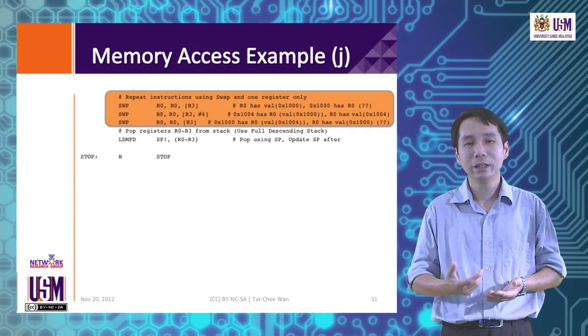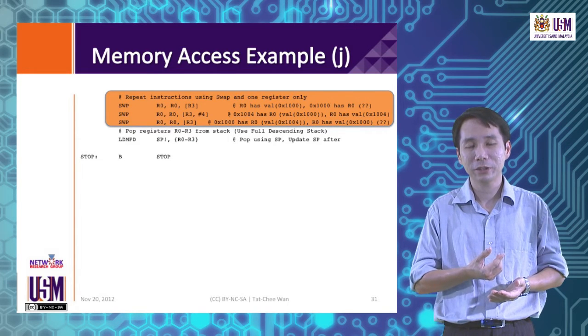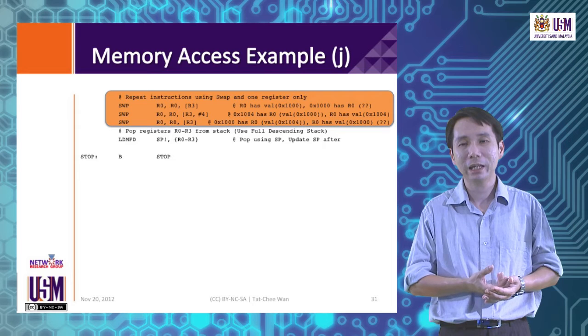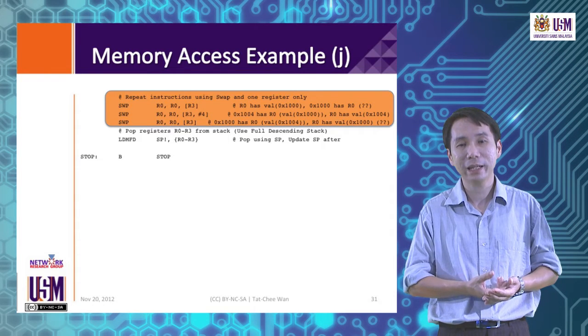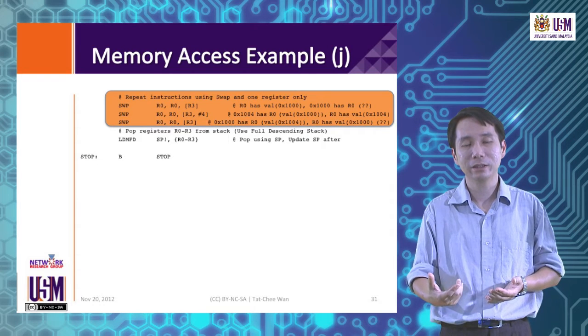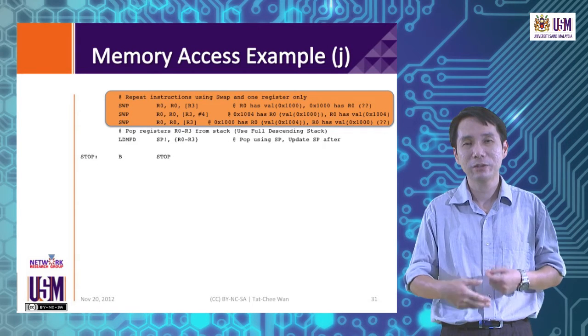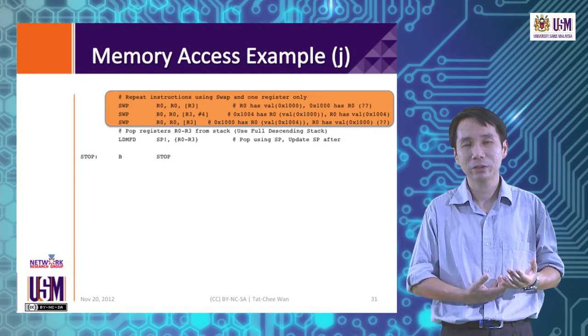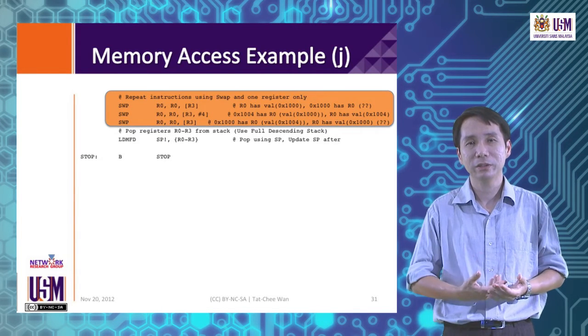And finally, the new contents of register R0, which came from address location 1004 hex, we will store back into address location 1000. This will again achieve the purpose of swapping memory contents from 1000 to 1004 and vice versa.